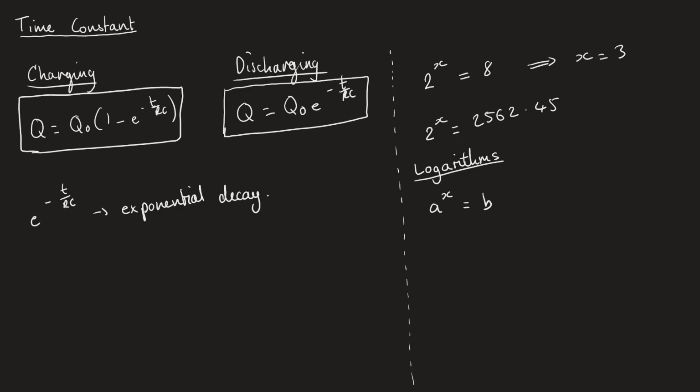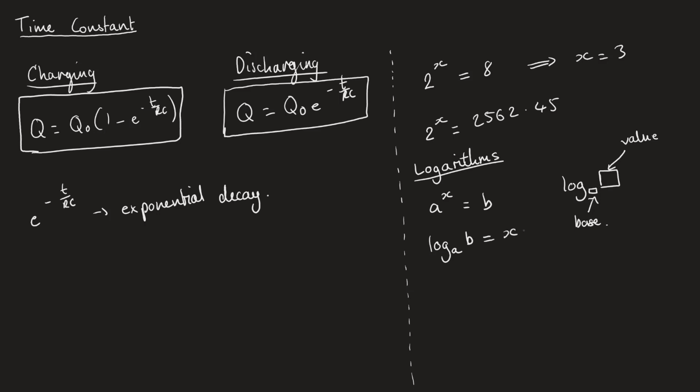If I wanted to find x, I would write in a calculator log, and you'll usually get a symbol with a little square and a big square. The little square is known as the base, which is a, and the big value is b. So log base a of b is equal to x, and this is how logarithms work.